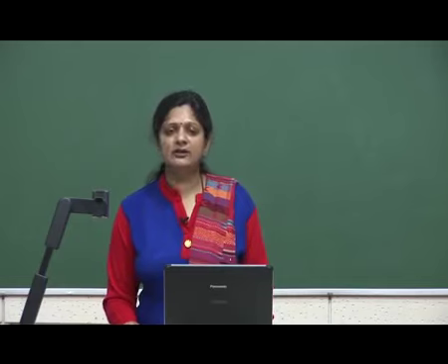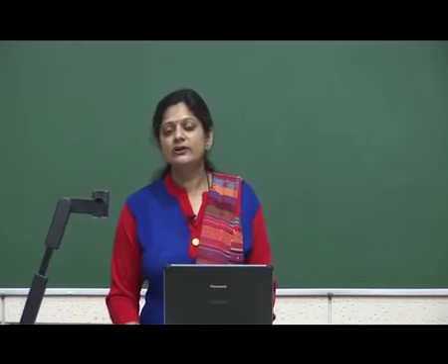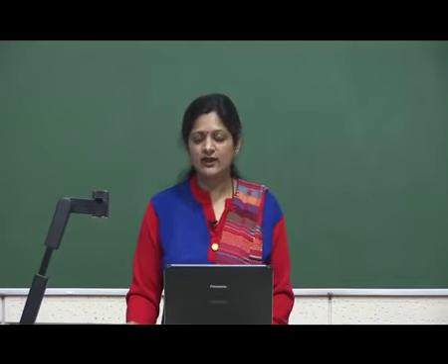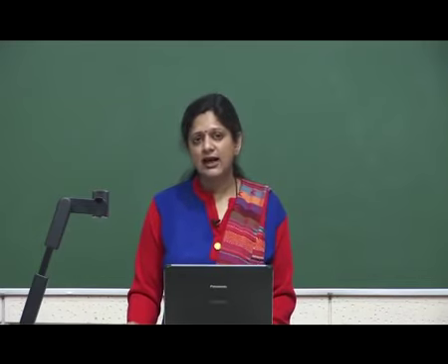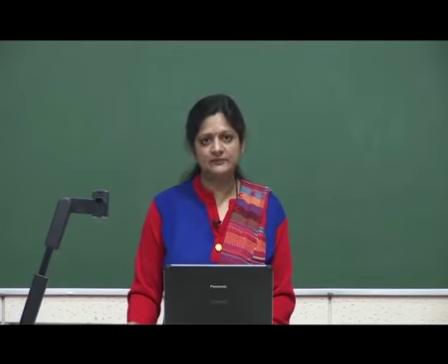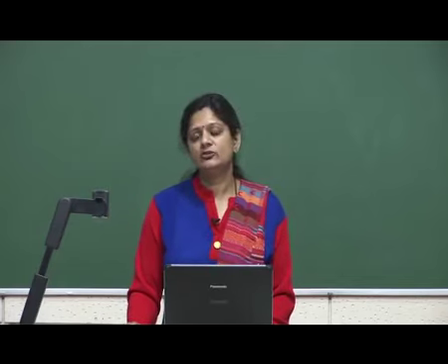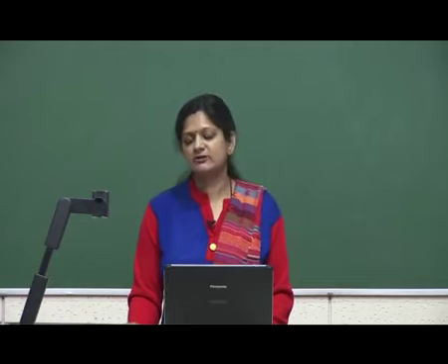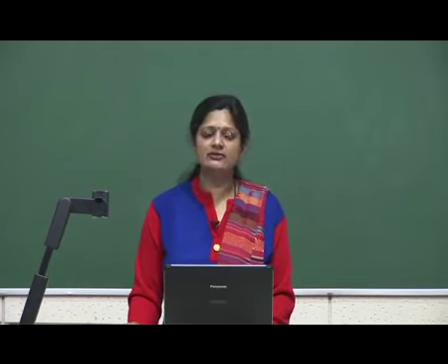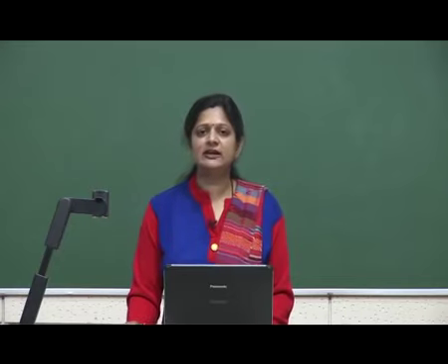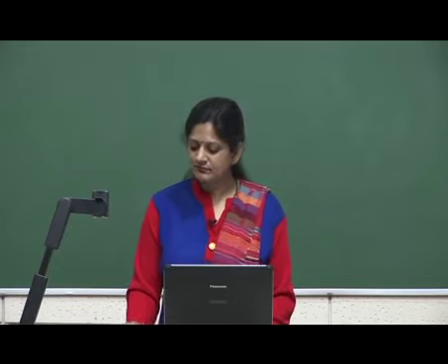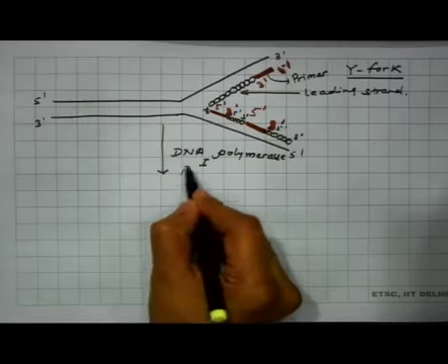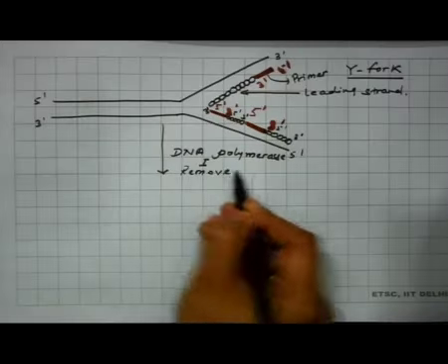Out of these 5 DNA polymerases, only 2 are involved in DNA replication, and they are DNA polymerase 1 and DNA polymerase 3. DNA polymerase 2, 4 and 5 are involved in DNA repair. Whenever there is some damage in the DNA, it will be repaired by these DNA polymerases. Now DNA polymerase 1 will remove the primer.